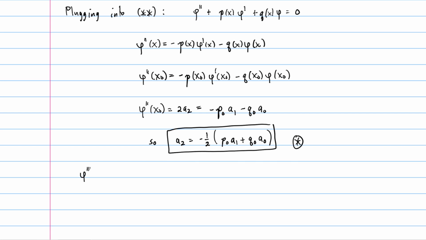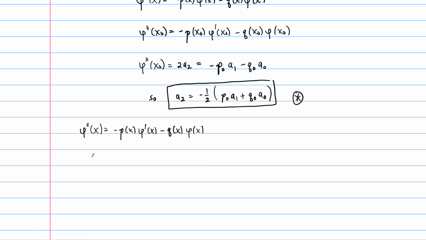So remember, we have phi double prime at x is equal to this formula, right? Negative p of x times phi prime of x minus q of x times phi of x. And then if you take the derivative, you'll get a formula for phi triple prime, which is going to be a whole bunch of product rules, not a whole bunch, just 2.